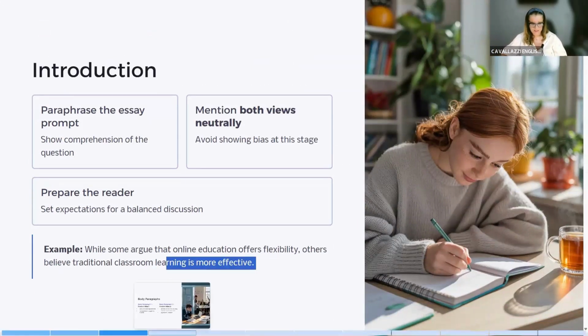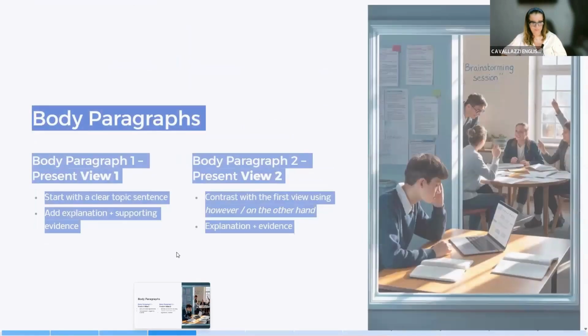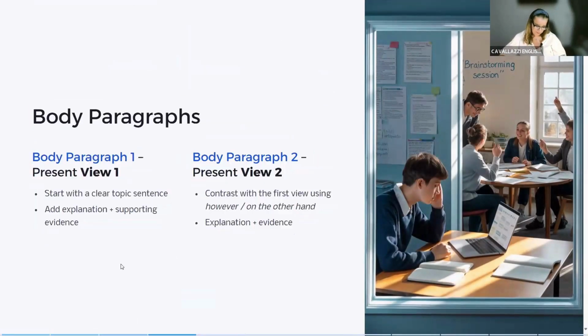The paragraphs. Let's go to the paragraphs. In the paragraphs, each body paragraph needs to follow a clear logic, which you already know is where the TEEL comes in. So both paragraphs have to use TEEL.